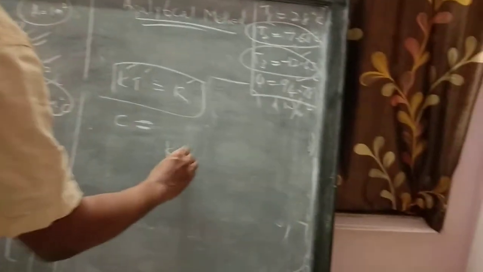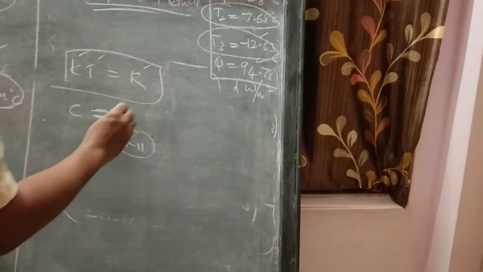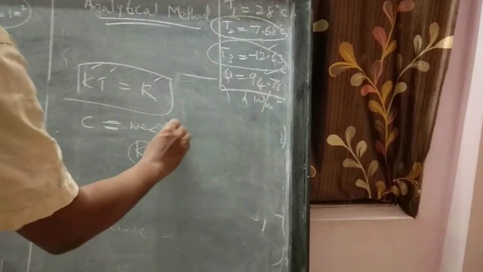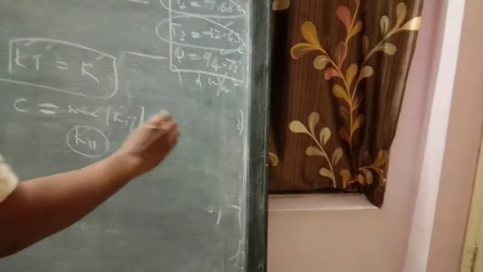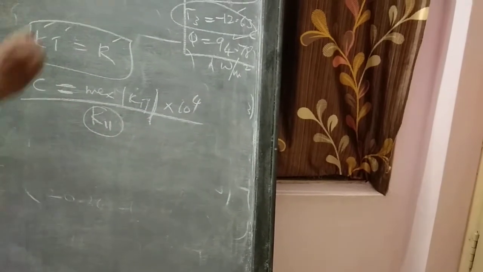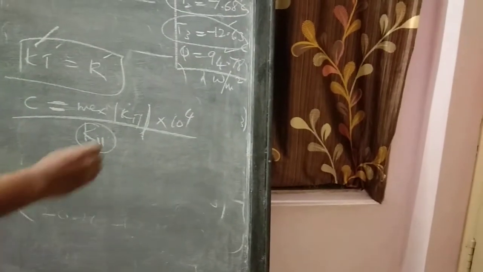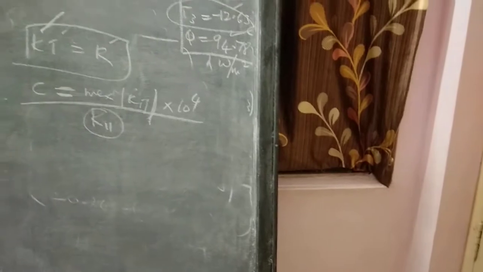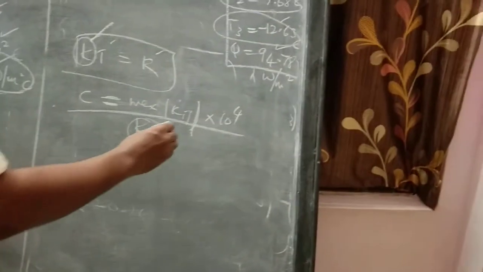The C value is the maximum of the Kij matrix into 10 raised to 4. First find the maximum value among K, and it is to be added to the K11 term of this global matrix, since the boundary condition is at node 1.